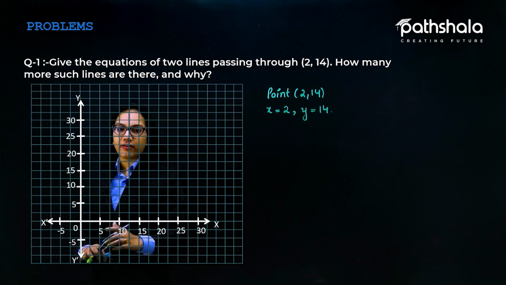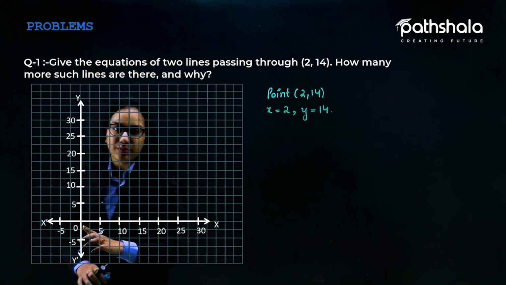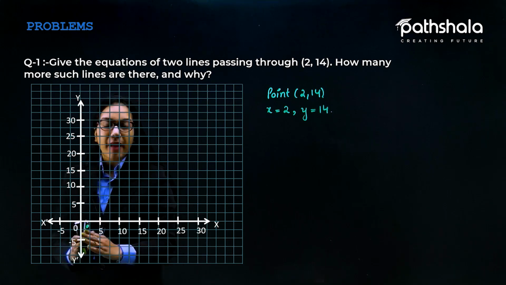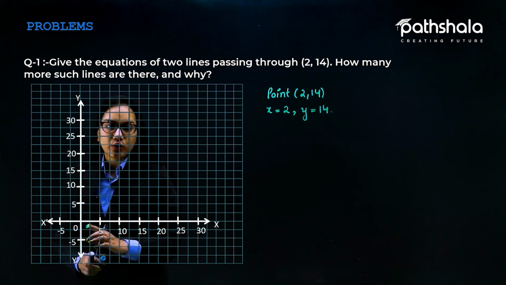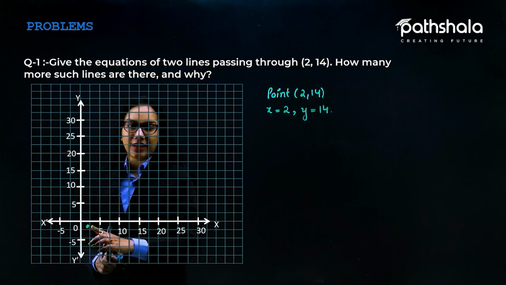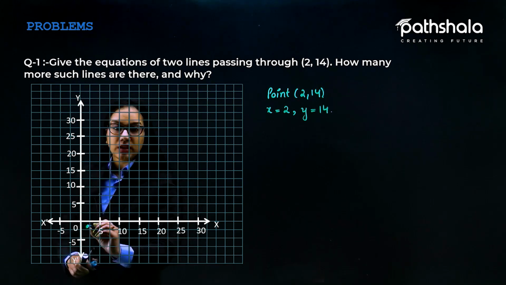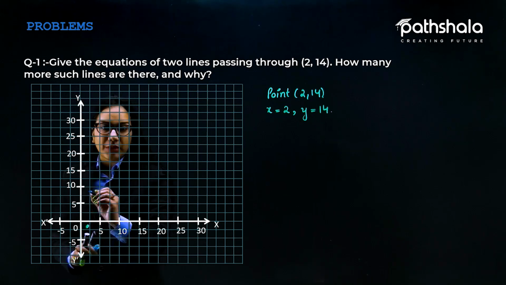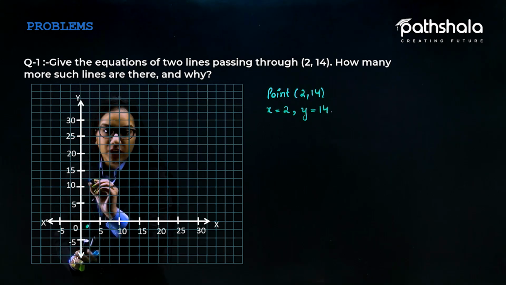So let us suppose I'm taking x as 2 in between over here, as I have taken the gap of 5 units. So let us suppose I'm taking 2 units in there, and y is 14. Y is 14 means that the point is somewhere over here, lesser than 15.